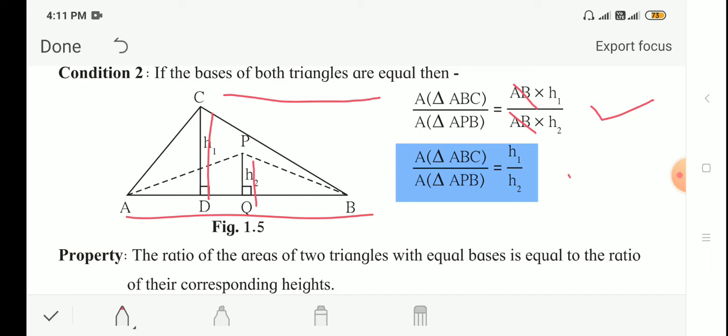Means ratio of area of two triangles is equal to H1 upon H2 if the bases of the two triangles are the same. Therefore if bases are equal, ratio of area of two triangles is equal to the ratio of their corresponding heights.